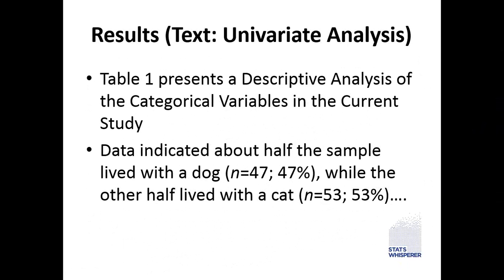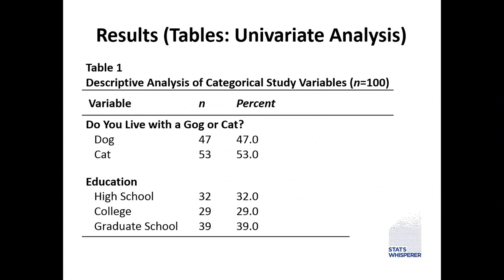The number is 53, 53% of the sample. And then we have the descriptive analysis of the categorical study variables. You can put how many people are in the study right there. N equals 100. And then you can see this is APA style of presenting those variables. Okay, no troubles.